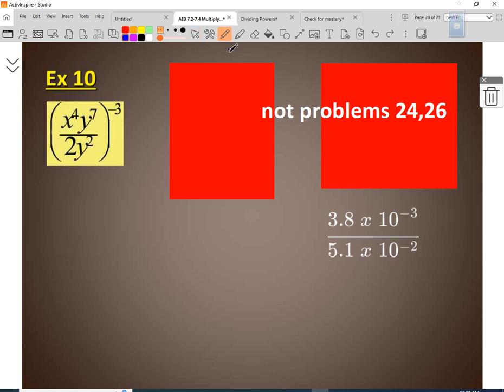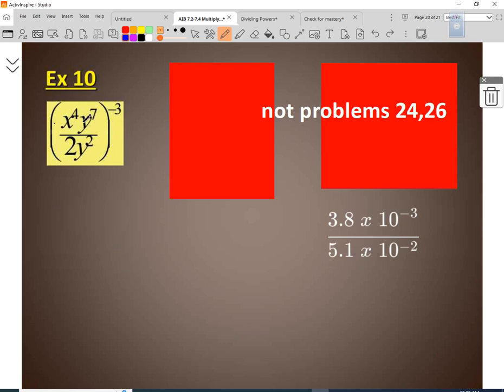So now we have a fraction raised to a negative exponent. So we could be like we've been doing, and we could raise everything to that negative power. But we also learned when we started multiplying like bases that if it's a fraction raised to a negative power, we can flip the fraction, and that makes that exponent positive.